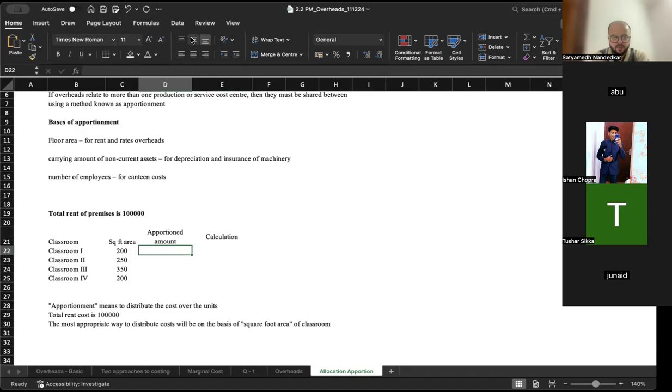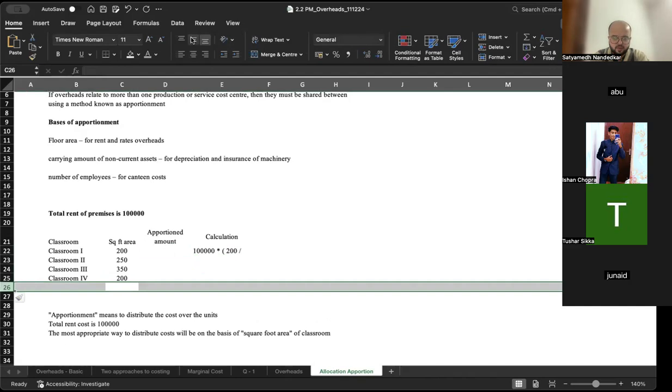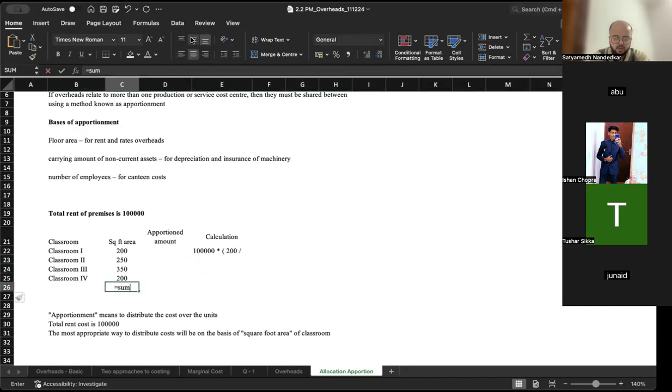So you are distributing 1 lakh into, what is the square foot area? 200 upon, let's take the total of the square foot area. The total is 1000. So 1 lakh into 200 upon 1000. Then 1 lakh into 250 upon 1000.